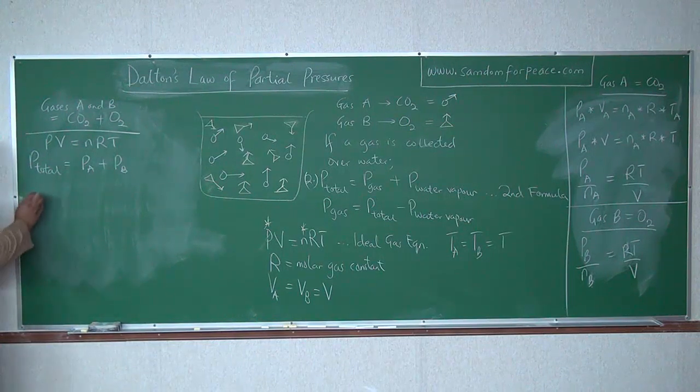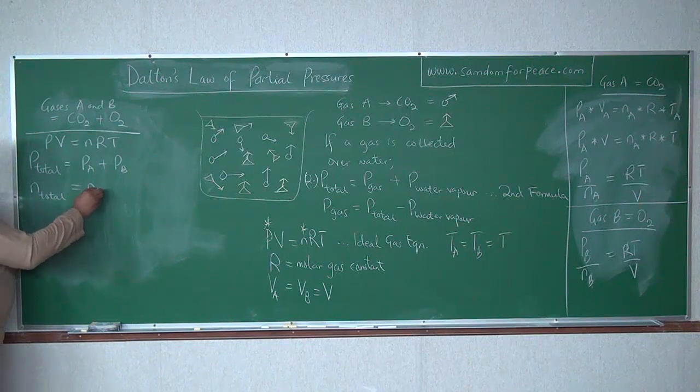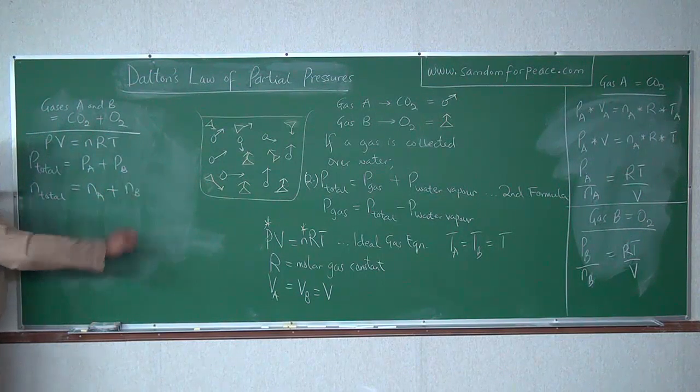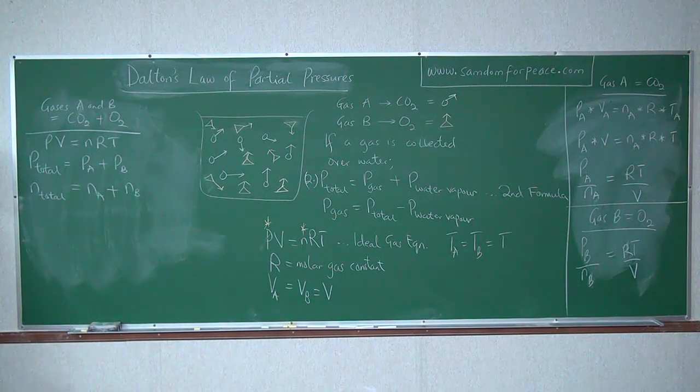Also the total number of moles is the number of moles of carbon dioxide plus the number of moles of oxygen. That is the total number of moles.